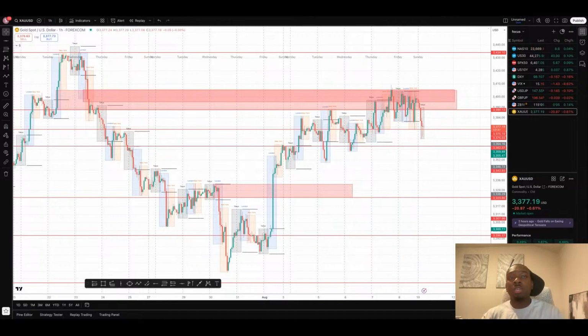Considering the whole state of the tariffs and such, and the fact that a lot of people don't know this, but if you know about tariffs, you know that a lot of companies bought inventory ahead of the first round of real tariffs. They tried to do what they had to do in advance to make as much profit as they could before tariffs really took effect.